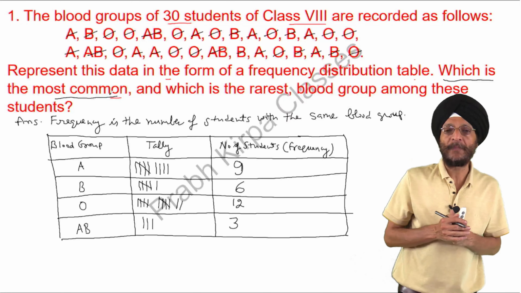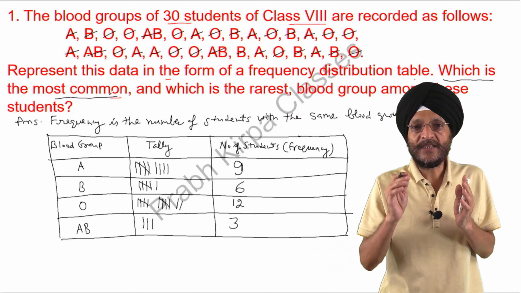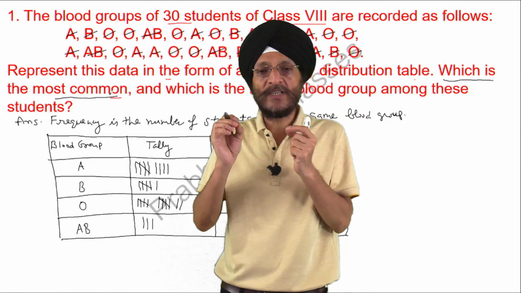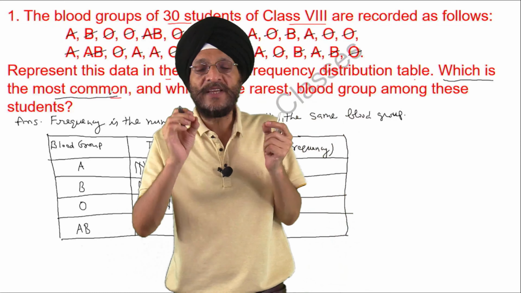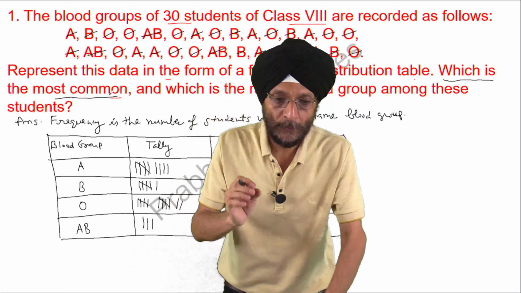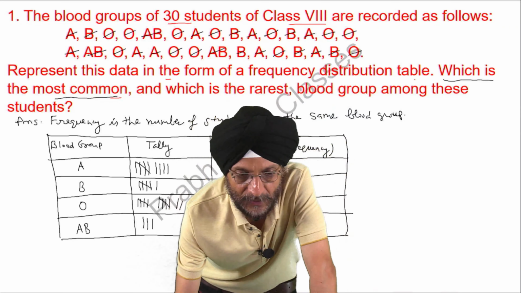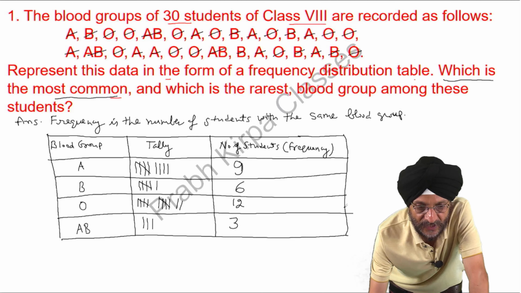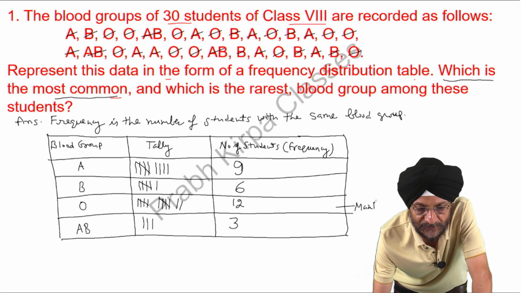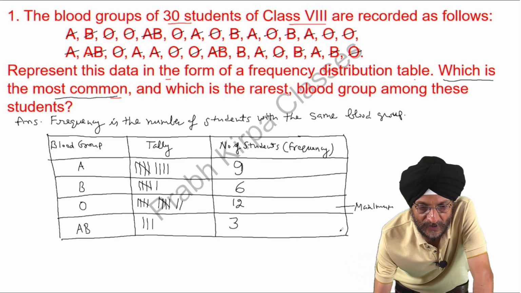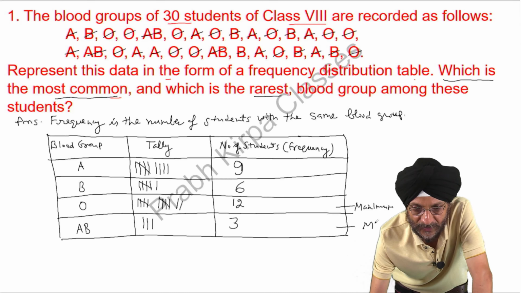The most common blood group is the one with the maximum number of students. The maximum number of students has been found in the case of O. And the minimum is the rarest blood group.